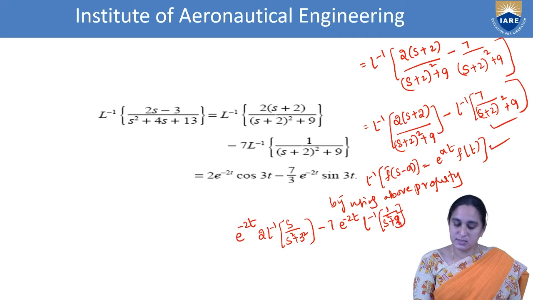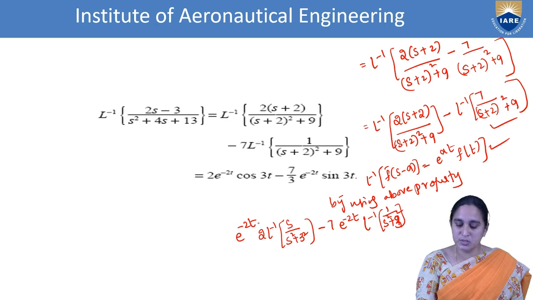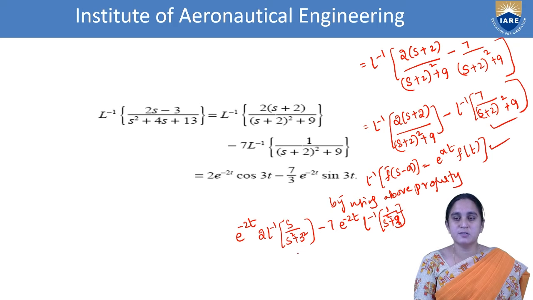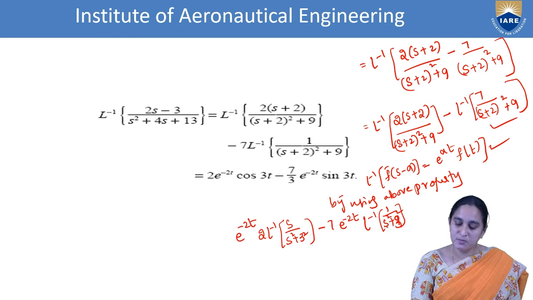For the next step, directly, once you see the first part, Laplace inverse of s by (s square plus a square) formula, that is cos at. Here what is a? 3. But once you observe the second part, Laplace inverse of 1 by (s square plus 3 square), what is missing here? Generally the form is Laplace inverse of a by (s square plus a square).